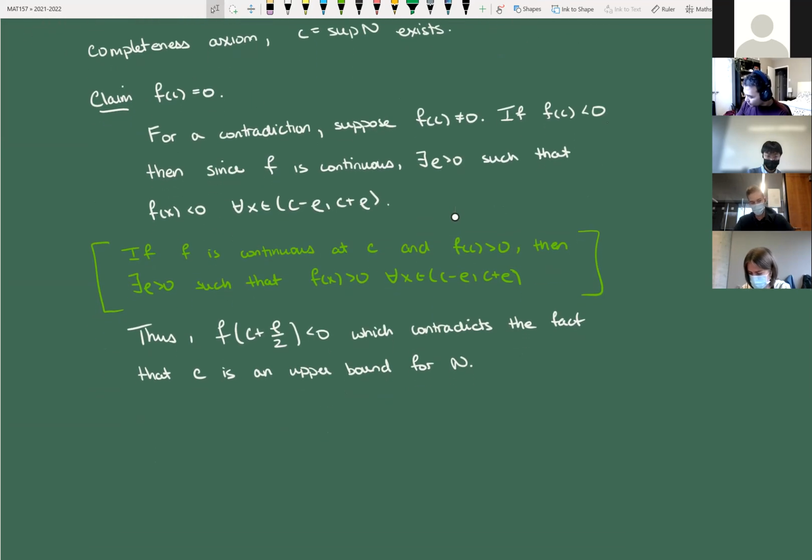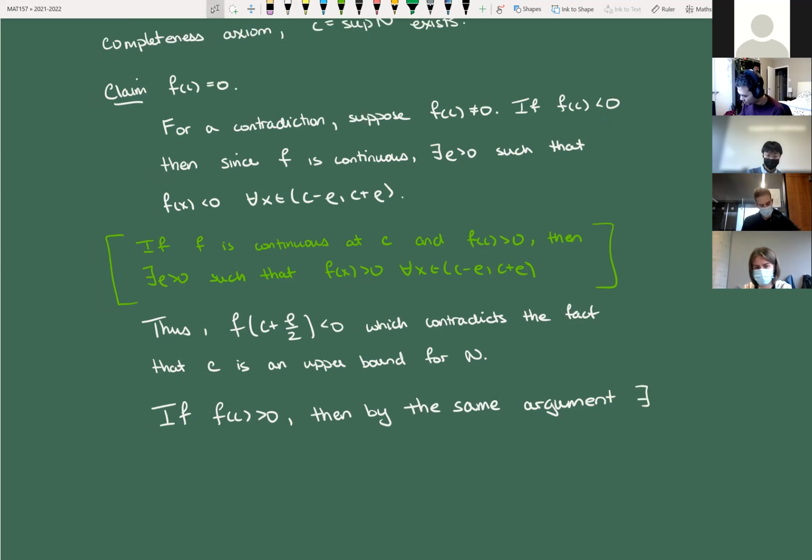Now, on the other side of things, we would also technically have to worry whether f of c was bigger than 0. Right, so that's a different case. I'm going to do this one a little bit quicker. By the same argument, if f of c is greater than 0, there's a whole interval on which you're positive.